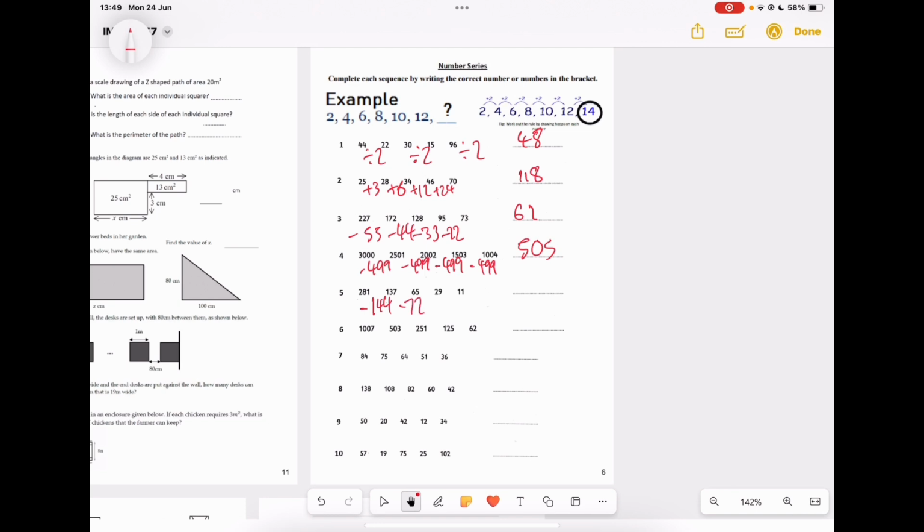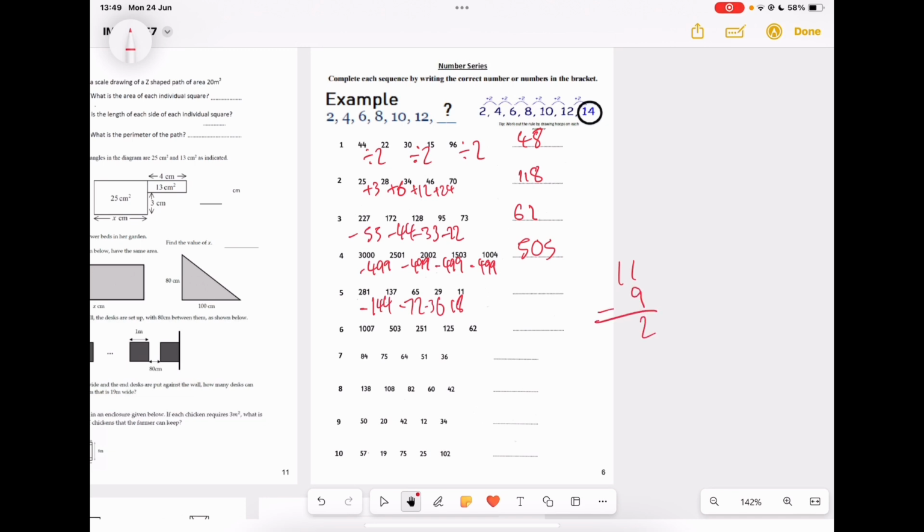And then 65 to 29 is 36. So here we can see the subtraction is dividing by 2 each time. And then 29 and 11 is 18. So we're going to be doing 11 minus 9.